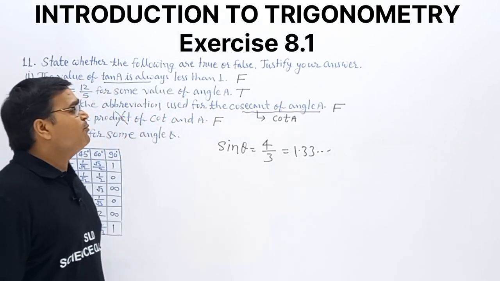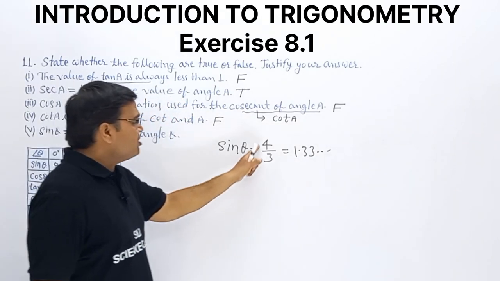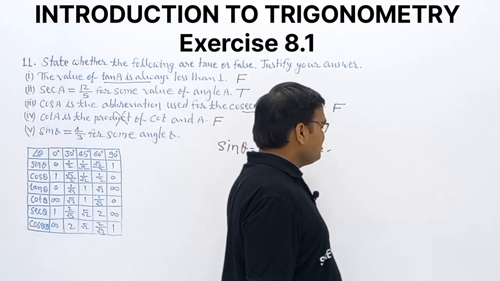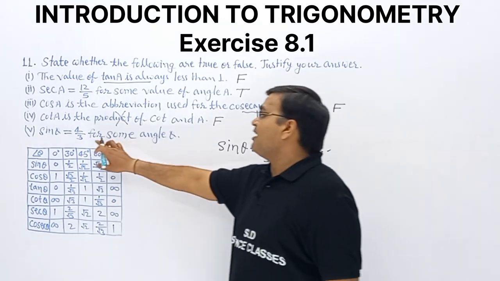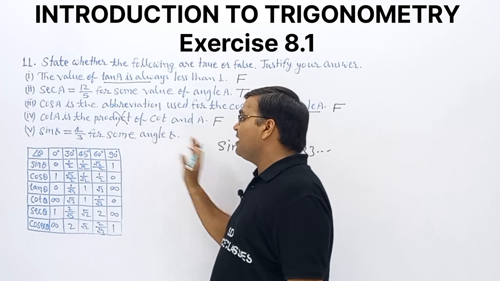So the decimal is 1.33. Sin theta equal to 4 upon 3 for some angle theta.